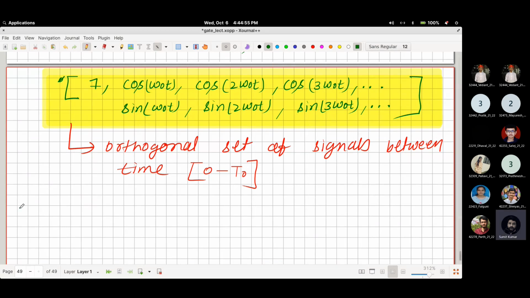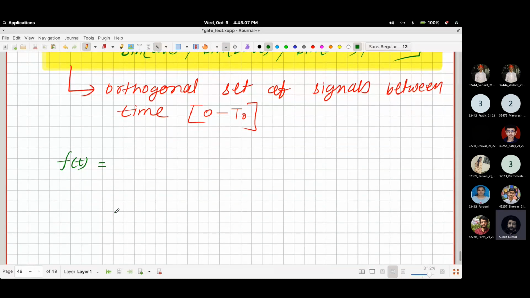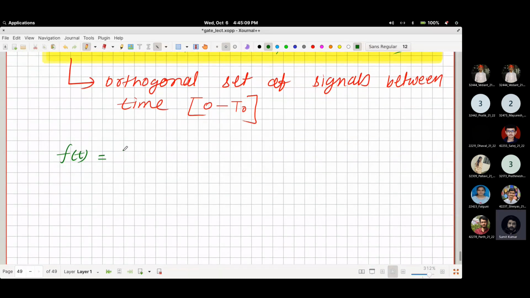And if we have our basis vectors, we can express any function that is defined between 0 to t naught. So let's say that I have a function f(t), which is defined like this. Let me draw this and then I will define it.